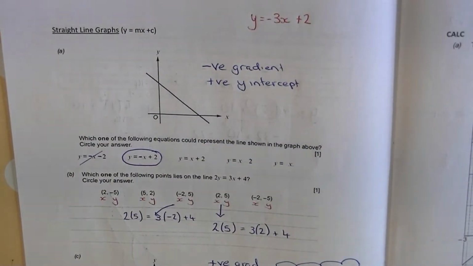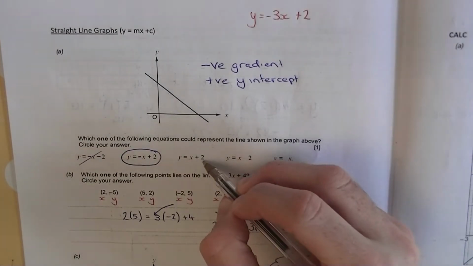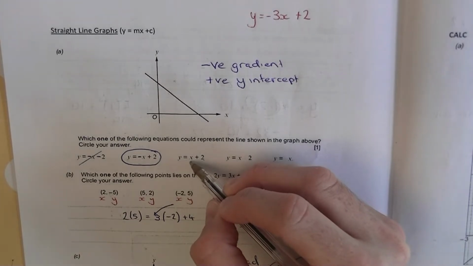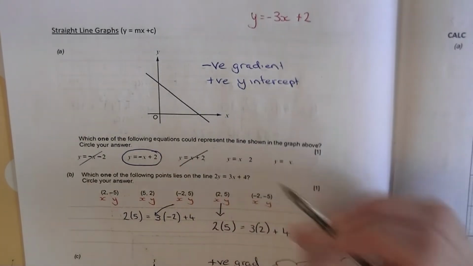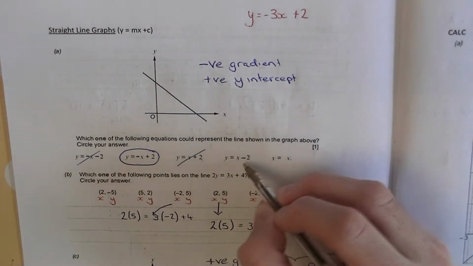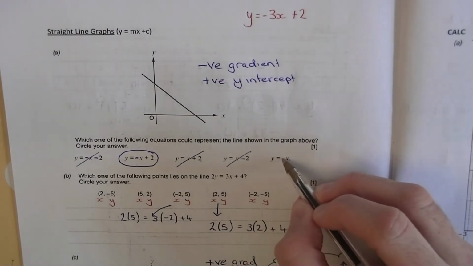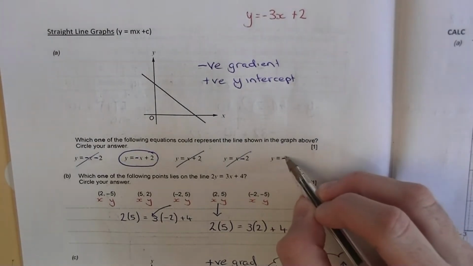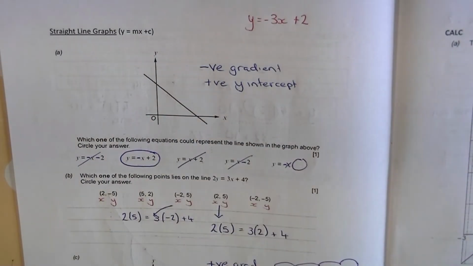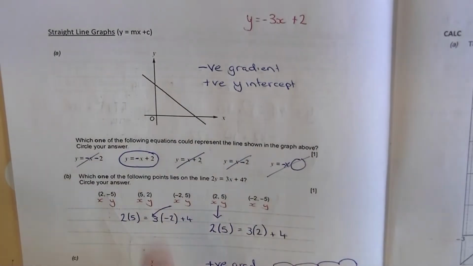Let's just go on and say why the others aren't suitable. This one, positive x, positive y-intercept. So the problem here is the positive gradient, which is not what we wanted, so not suitable. This positive gradient, negative y-intercept, neither of those are suitable. And this has got the negative gradient, that's minus x, but doesn't have anything here suggesting that the y-intercept is 0, which it's not. Okay, so it can't be you.